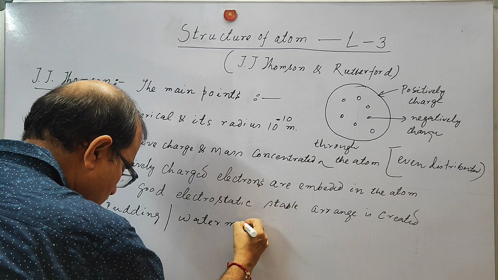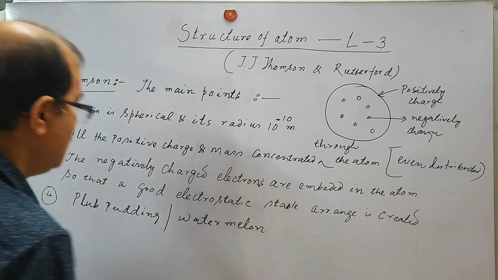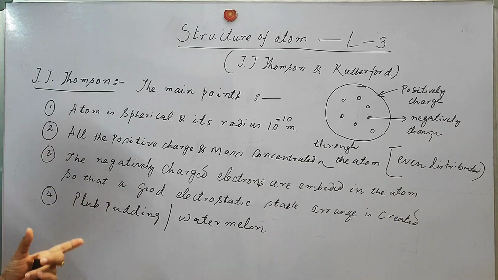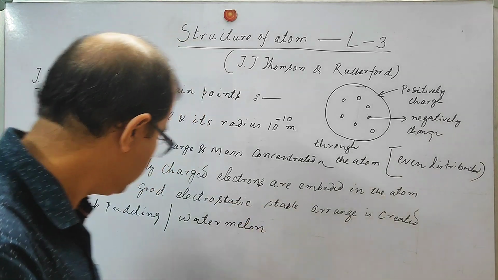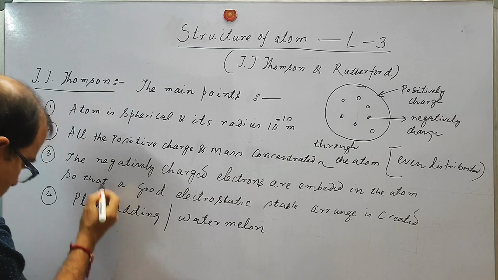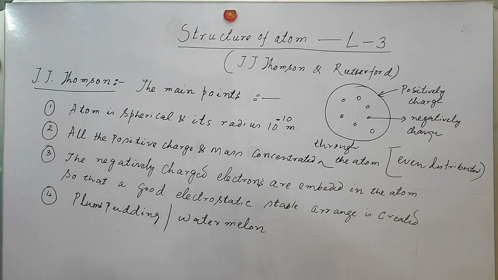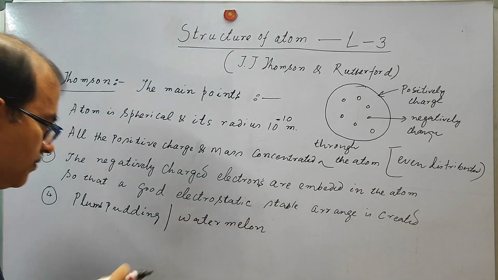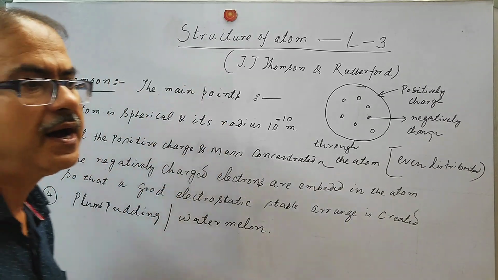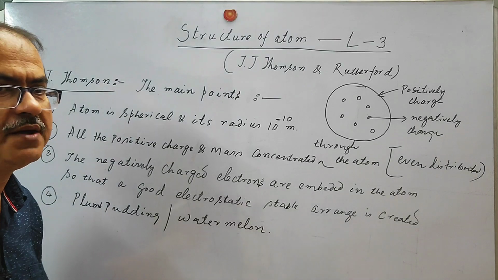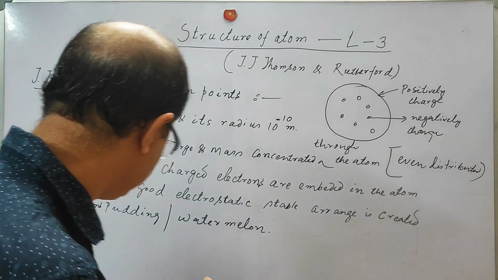What does this signify? It signifies that the pudding is the atom, and the plums are basically the electrons. And in the watermelon, the watermelon itself is the atom, and the seeds are basically the electrons.